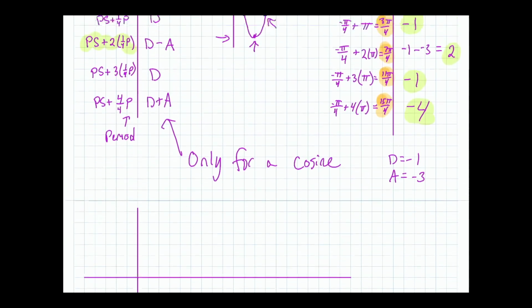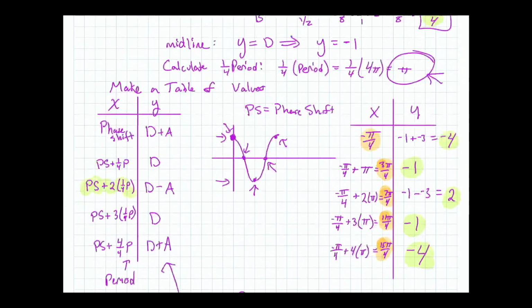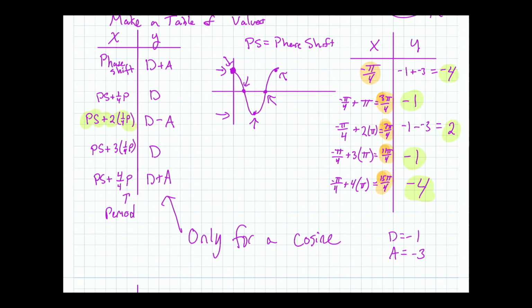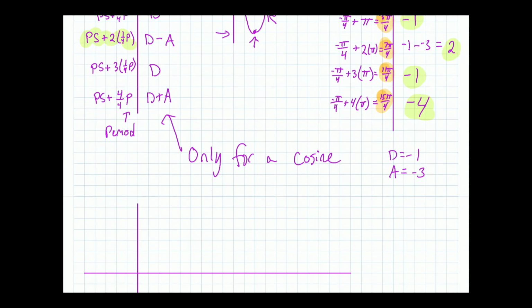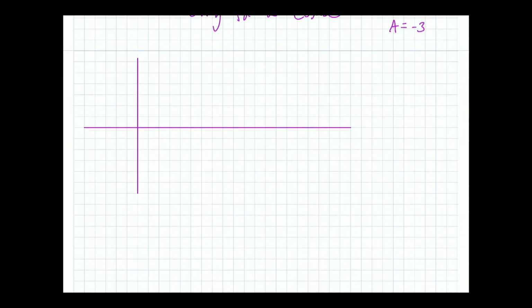Okay, so let's see. The x values go from negative pi over 4 to close to 4 pi. So let's just do every box is a quarter pi. So let's do negative pi over 4 is right there.